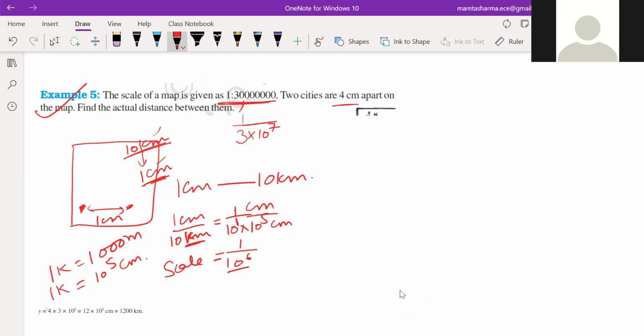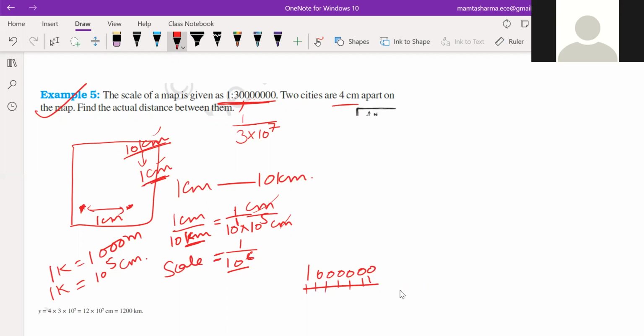So it is 1/10⁶. You can read this as 10 lakh. The scale is 1:10 lakh.